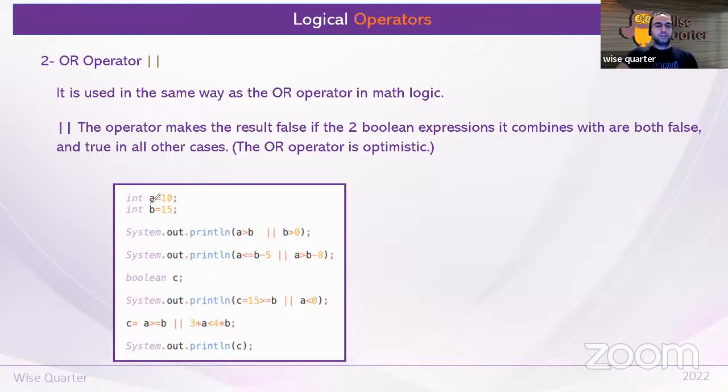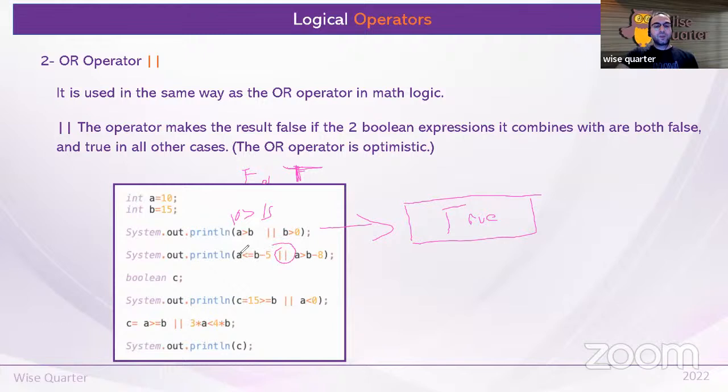So it is here. It says A is higher than 15. This is false, right? The first one is false. The second one is B is higher than 0. It is true. False or true, it will be true. The second one, this is the OR symbol.